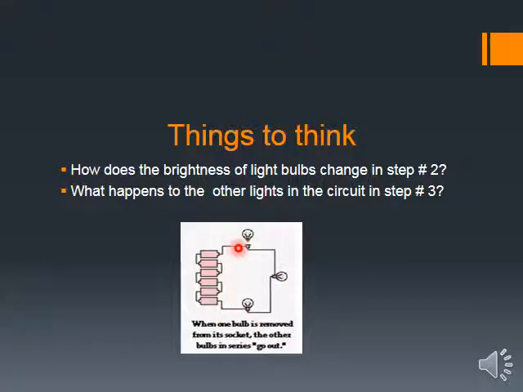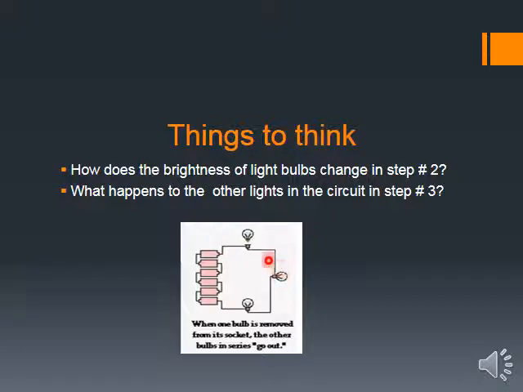And the disadvantage is that if a break occurs here, the whole circuit is affected. If we put a burned out light bulb here, then the other bulbs would not be able to light up because the flow of the electric current has been interrupted.